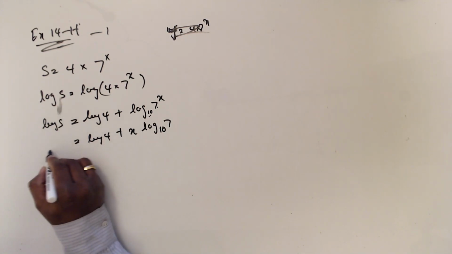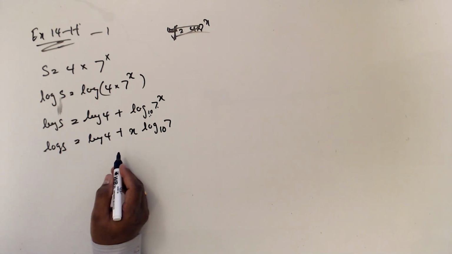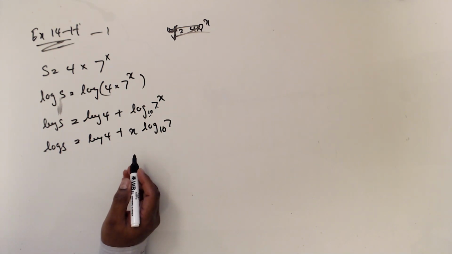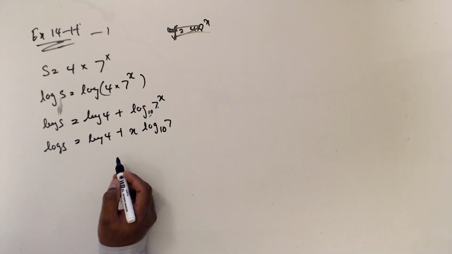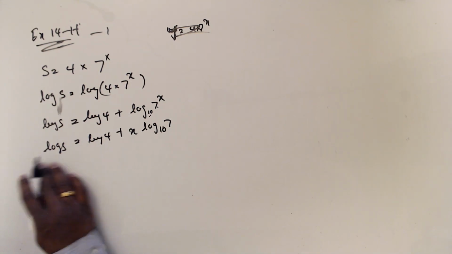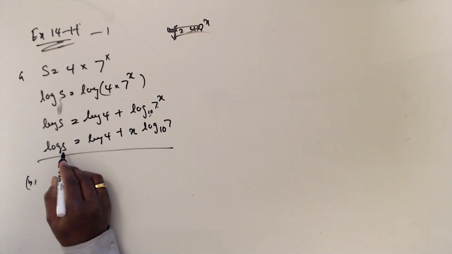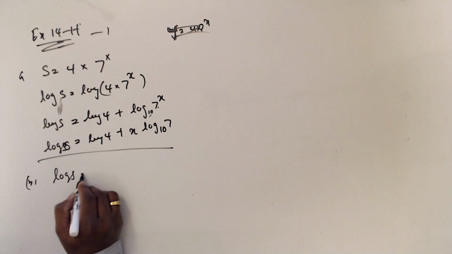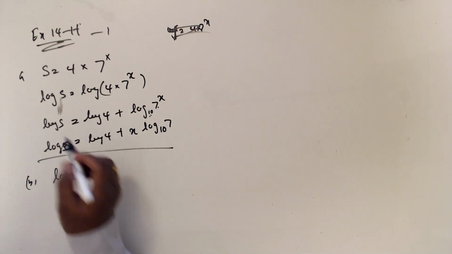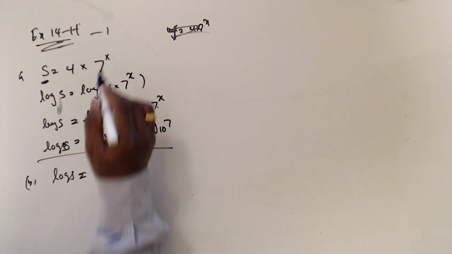So log s. We'll put it in y equals mx plus c form. Now we got the answer, and we'll bring it into y equals mx plus c form. So this is log s equals, what are the variables? This is the dependent, this is the independent.